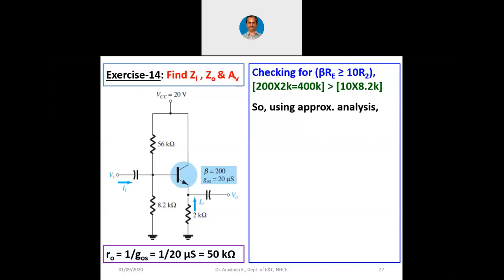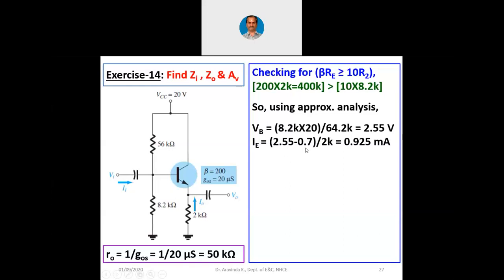Using the approximate analysis, VB equals 8.2K, that is R2, into 20 volts divided by the total of 56 plus 8.2, which is 64.2K. So we get VB as 2.55 volts. We can easily get VE and we can easily find IE.